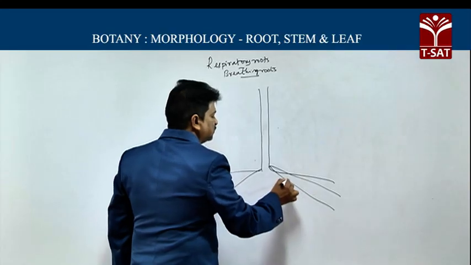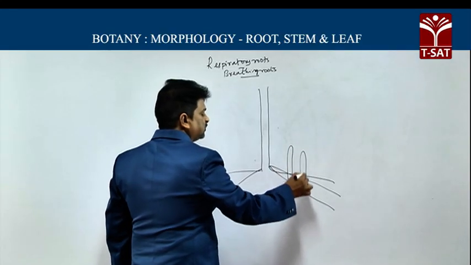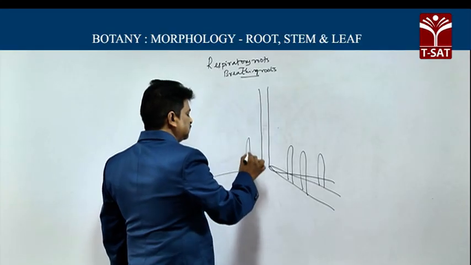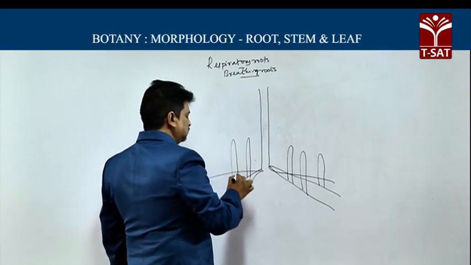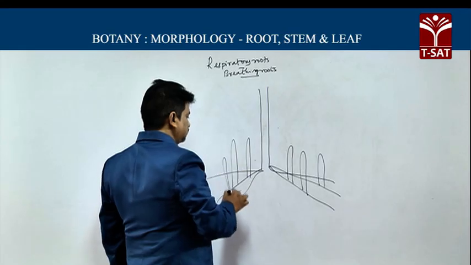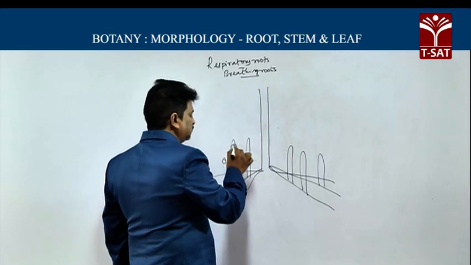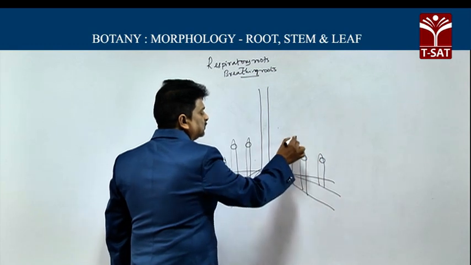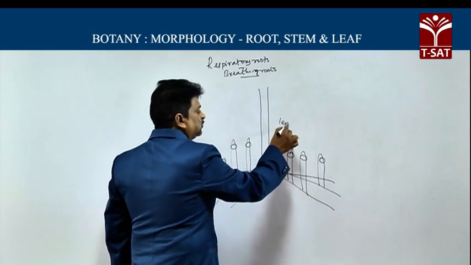So some of the roots produce branches. These branches grow towards light and their tips contain small pores. These small pores are called lenticels or pneumatophores.